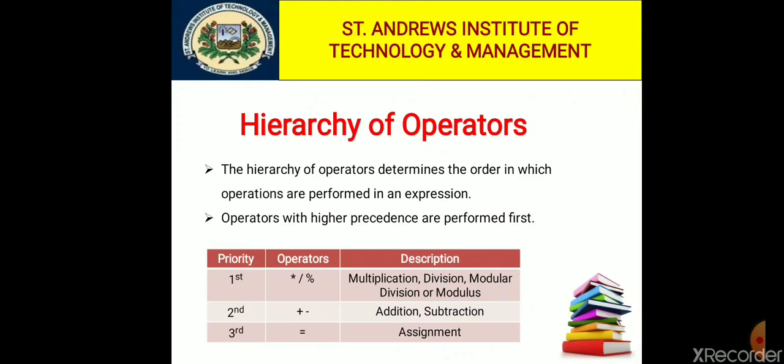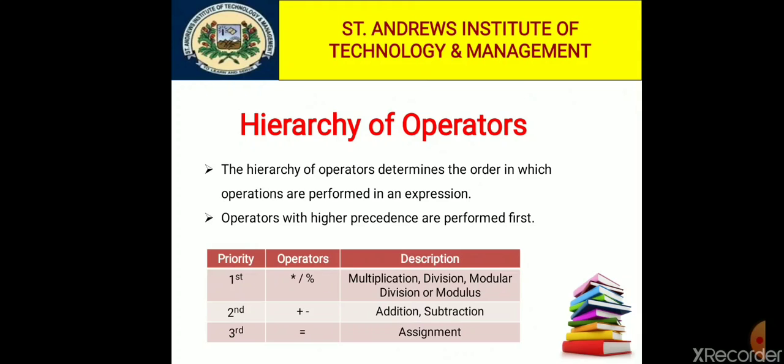If two operators in an expression have the same precedence, associativity determines the direction in which the expression will be evaluated. As we saw in the table, in first priority we have three operators: multiply, divide, modulus. If these three operators come in an expression, how do we calculate it?